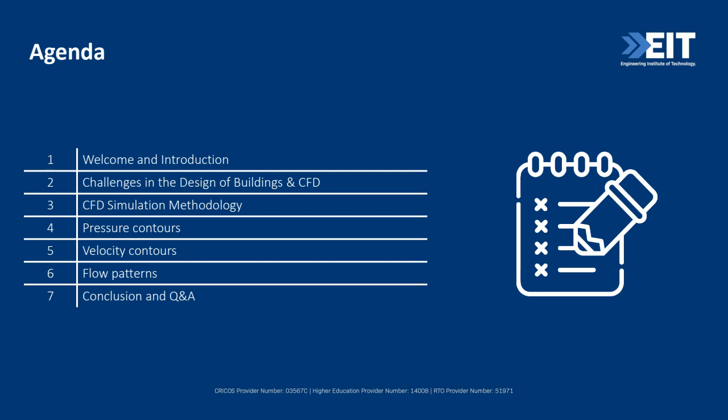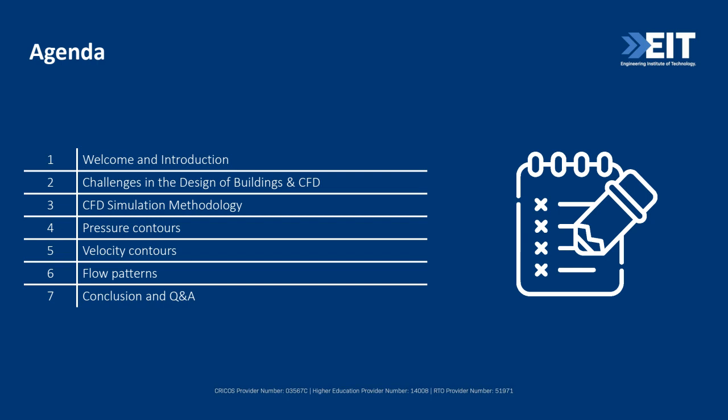So I think we've finished our welcome and introduction from the agenda. I'll go on to the next slide, which details the challenges in the design of buildings and how computational fluid dynamics can help. And then we'll go over a brief CFD simulation methodology. That's a template which is useful for any type of CFD simulation you would do.